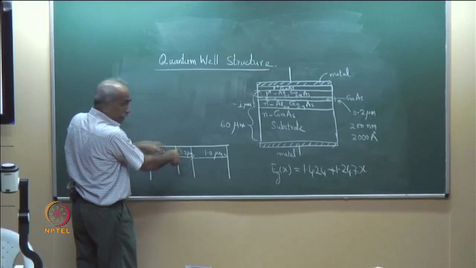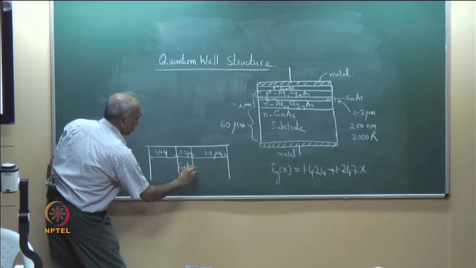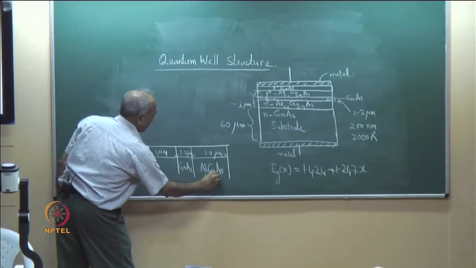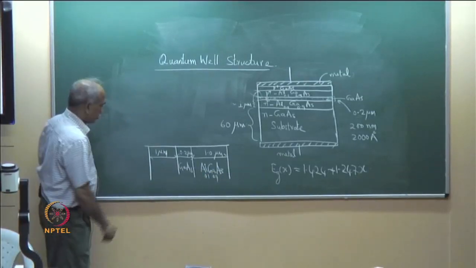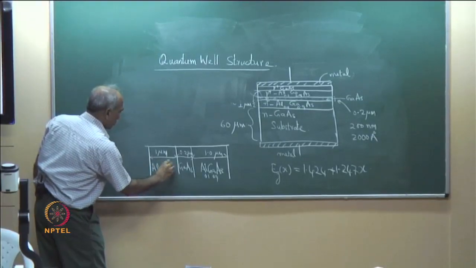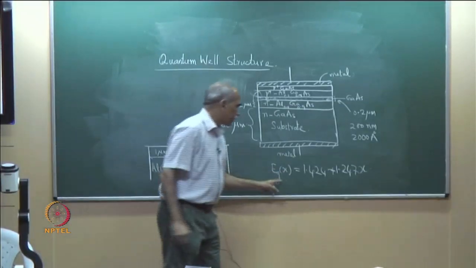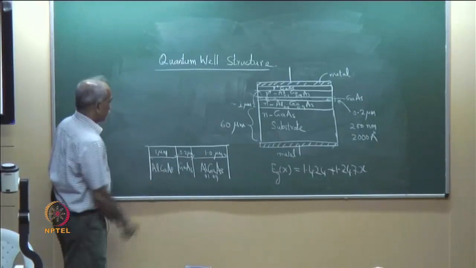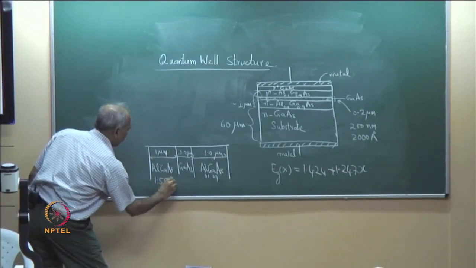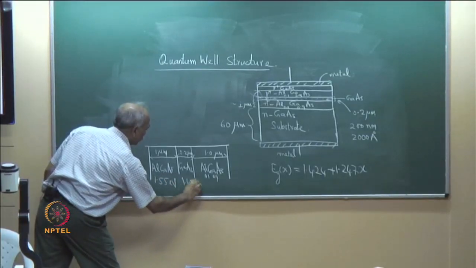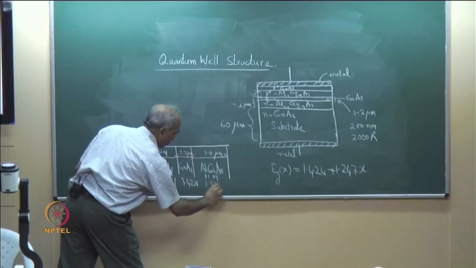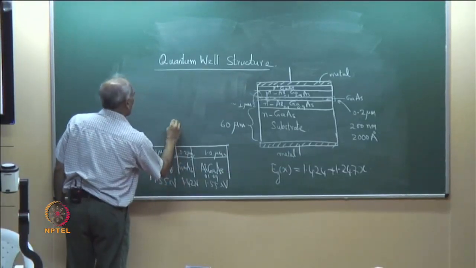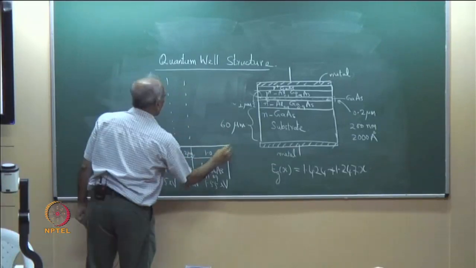I want to plot the band diagram of these. This is gallium arsenide and this is aluminum gallium arsenide, 0.1, 0.9 arsenide. What is the band gap corresponding to x equal to 0.1? We calculated this, it was 1.55 eV, and this is 1.42 eV, and again 1.55 eV. I plot the band diagram here corresponding to each of these media, the energy band diagram.